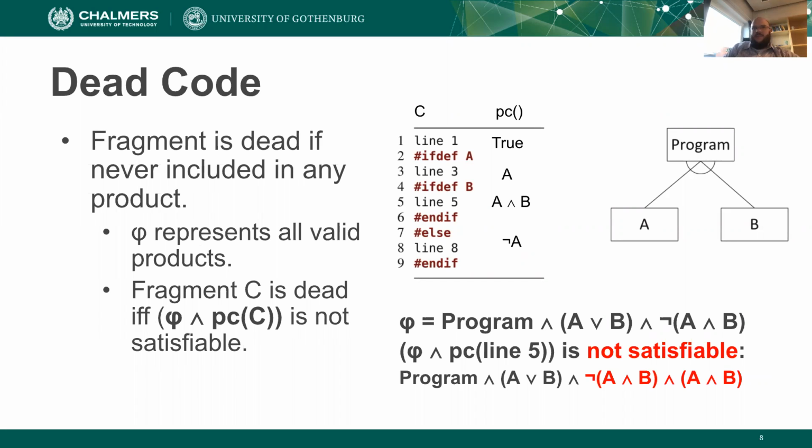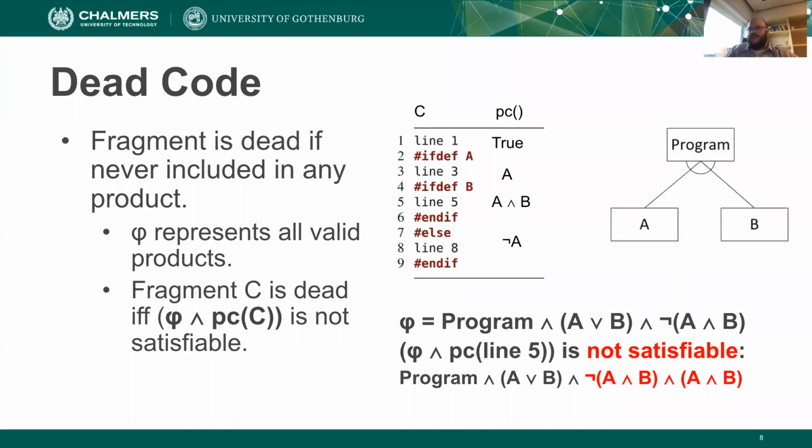So a code fragment is dead if it's never included in any product in the product line. So since the representation of the feature model as this propositional formula represents all the valid feature selections, all the valid products we can build, a code fragment is dead if the conjunction of that presence condition and the formula describing the feature model is not satisfiable.